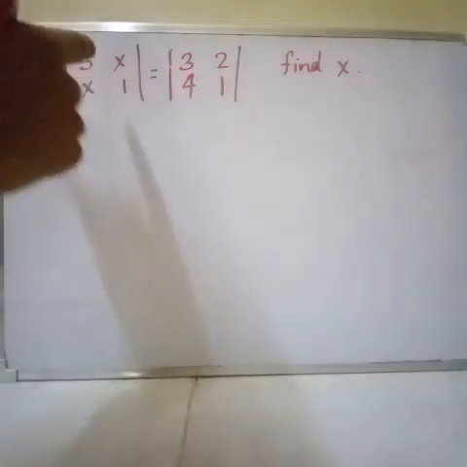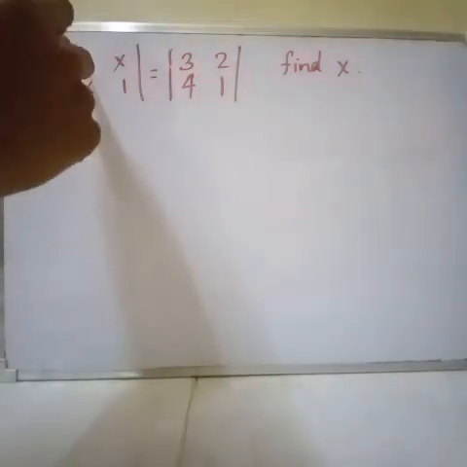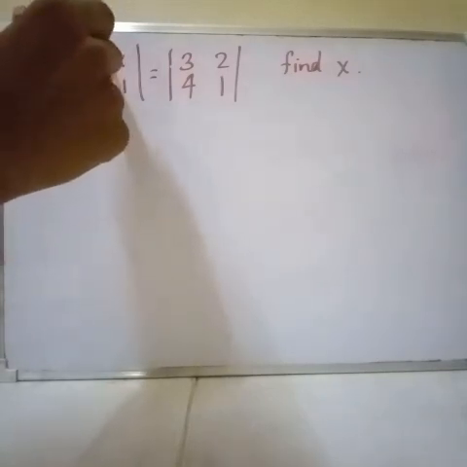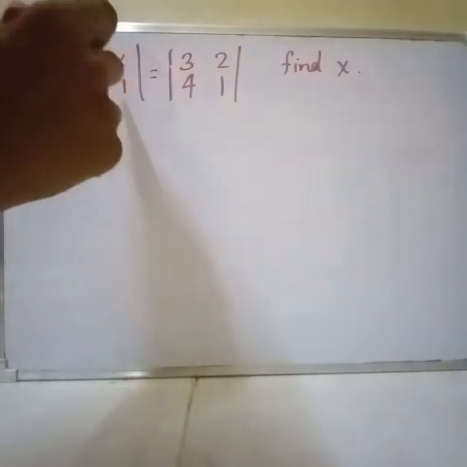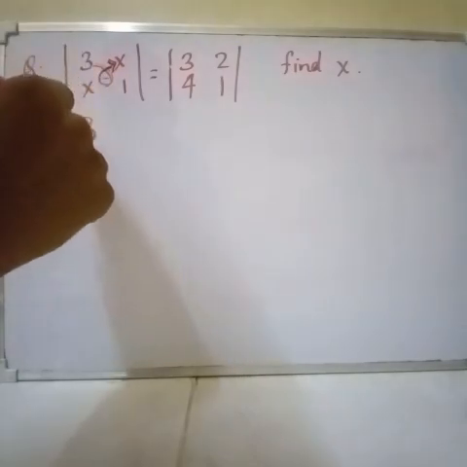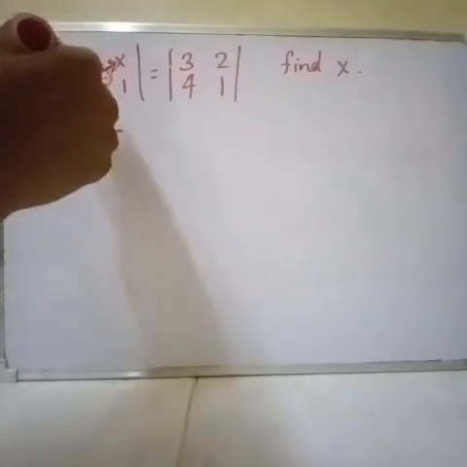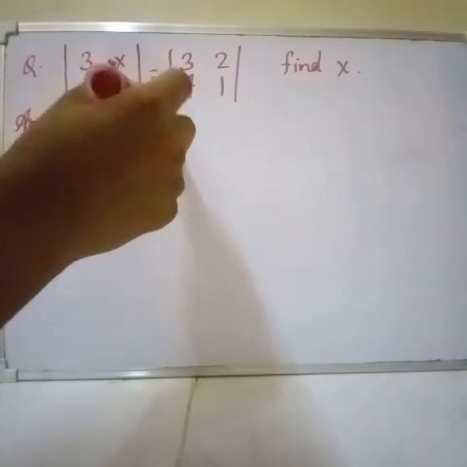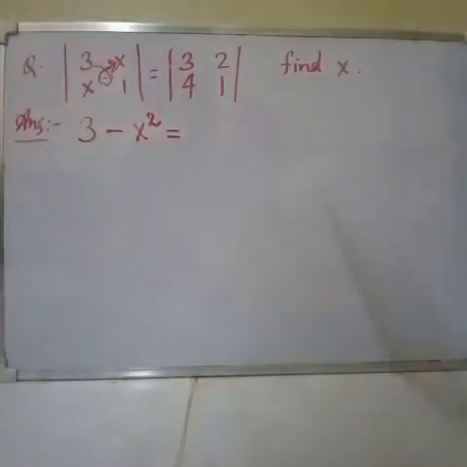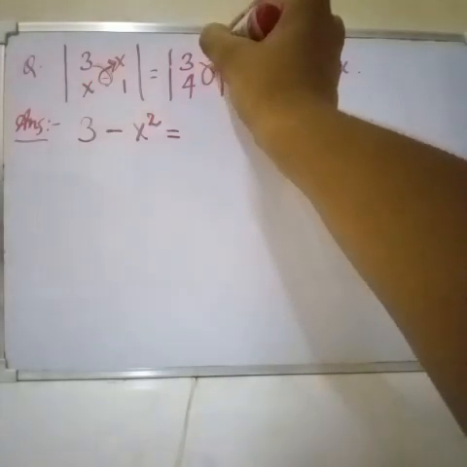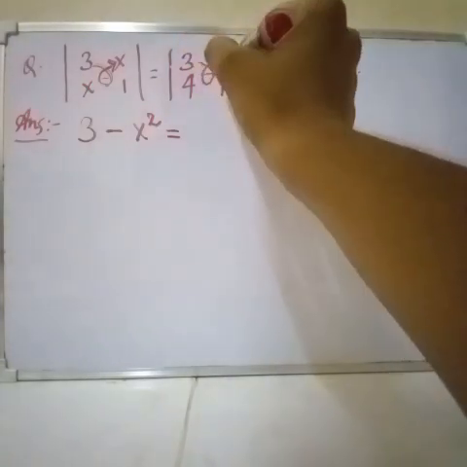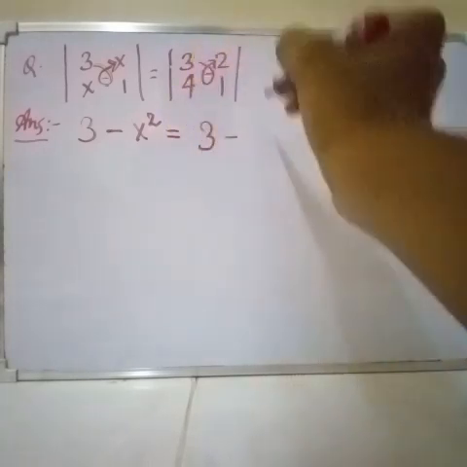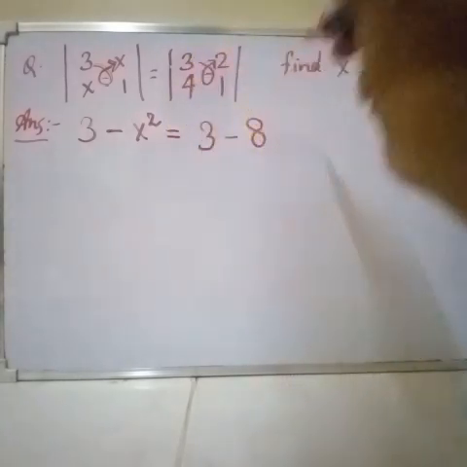So first let's find the determinant on both sides. 3 times 1, you do like this, 3 times 1 would be 3, minus x times x would be x squared, and this has to be equal to 3 times 1 would be 3 minus 4 times 2 would be 8.